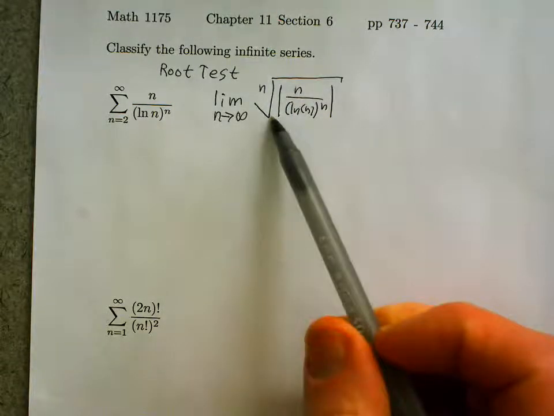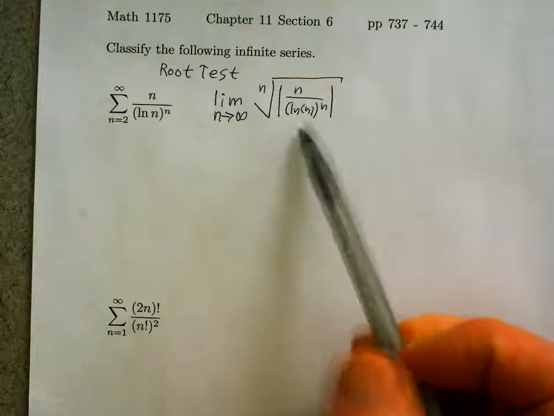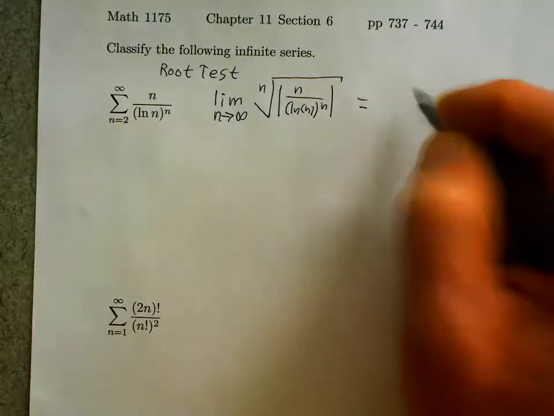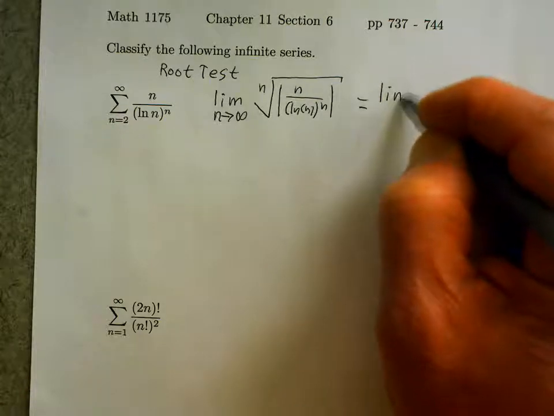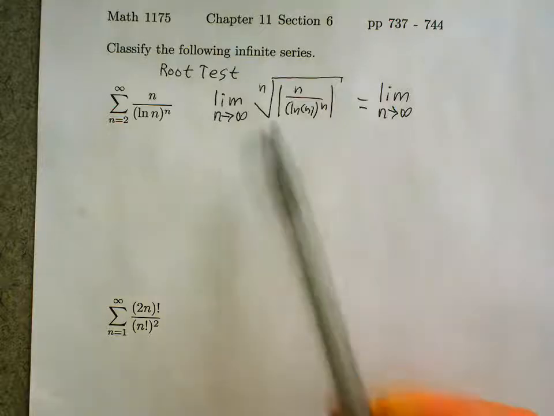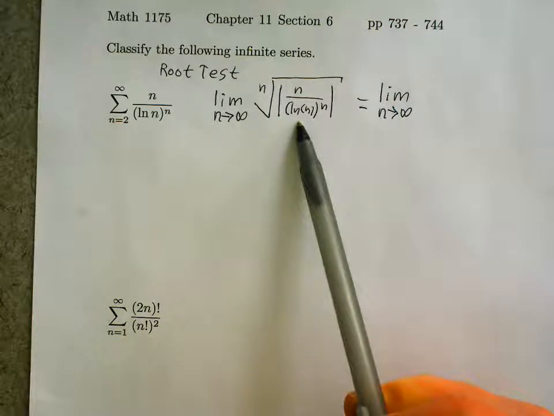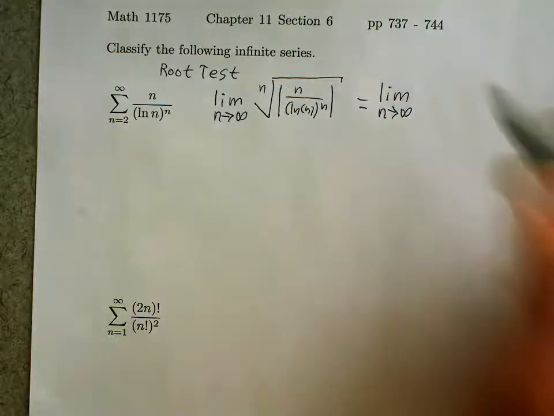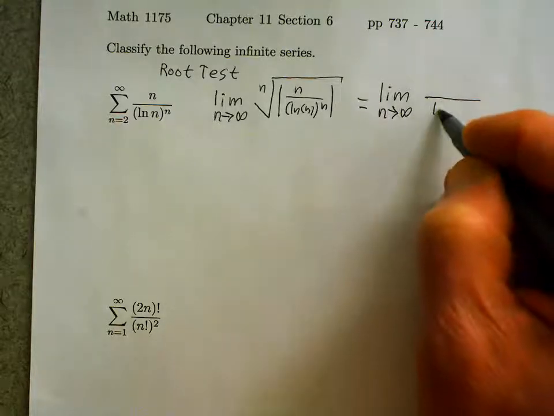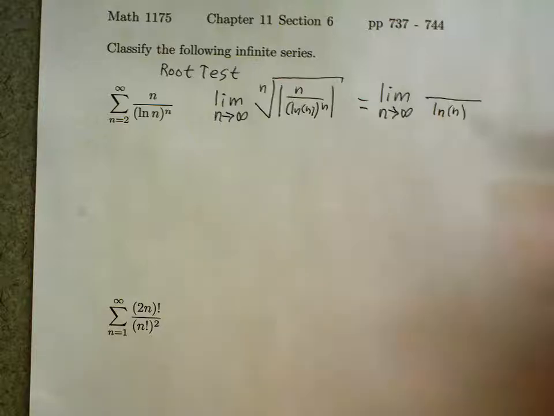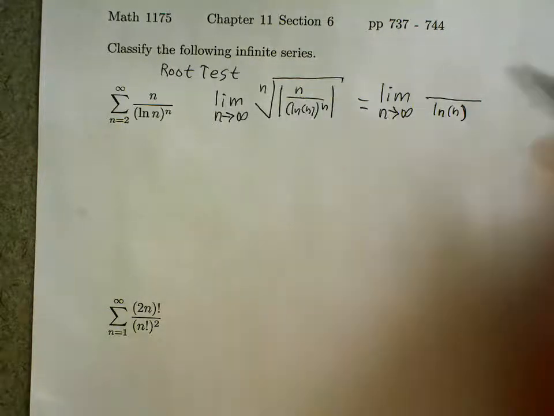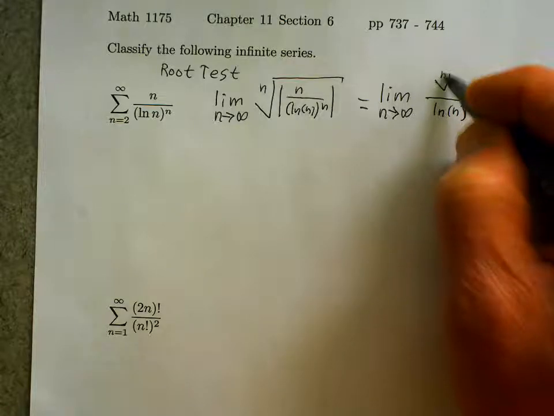The absolute values aren't necessary because all of the terms are positive, but the nth root of the natural log of n to the n in the denominator is just the natural log of n. And the numerator is the nth root of n.